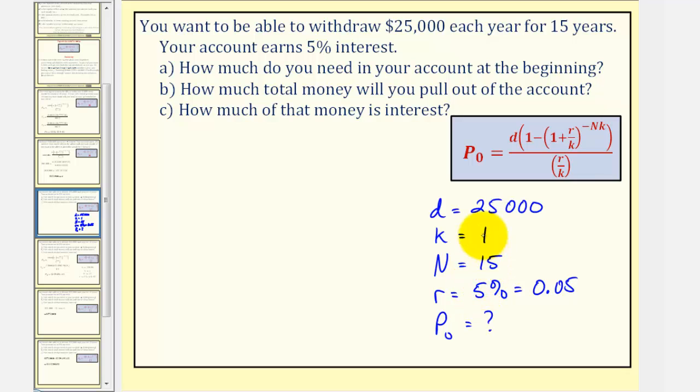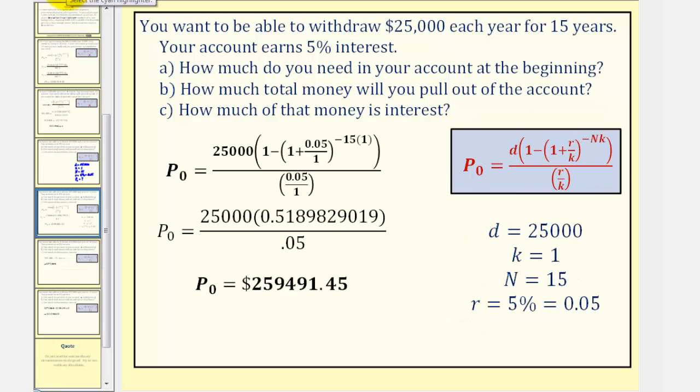So for the next step, we'll perform substitution into the payout annuity formula. So we'll substitute 25,000 for D, which is here. We'll substitute 1 for K, which is here, here, and here.